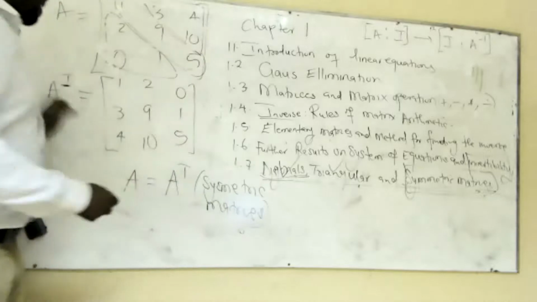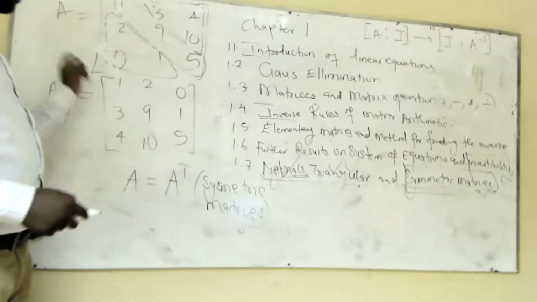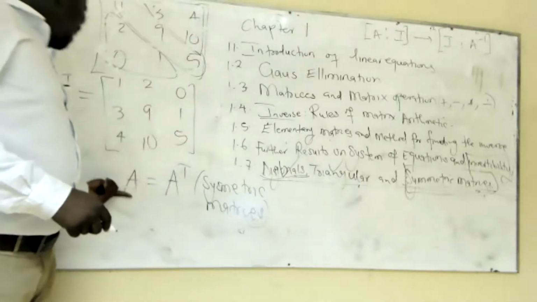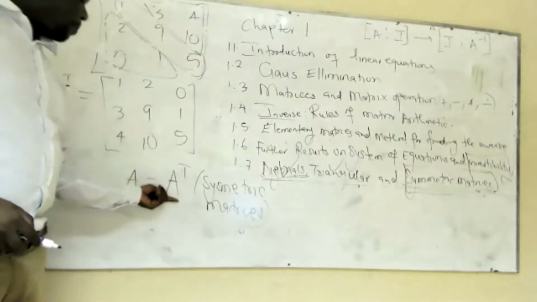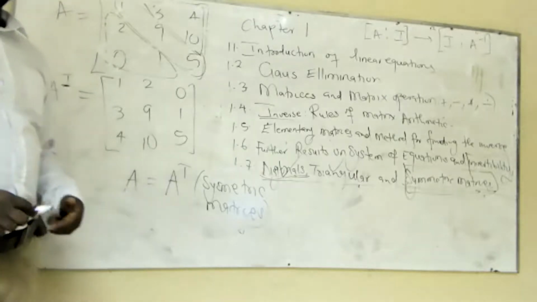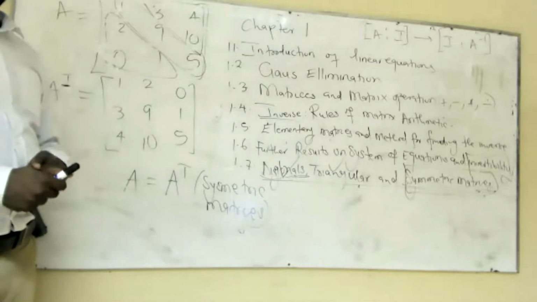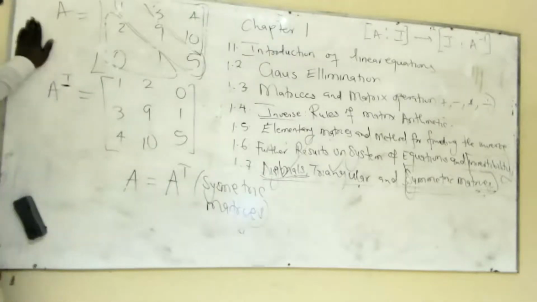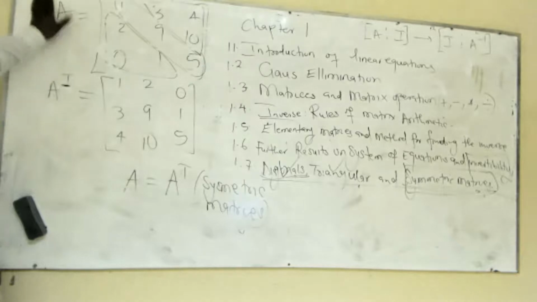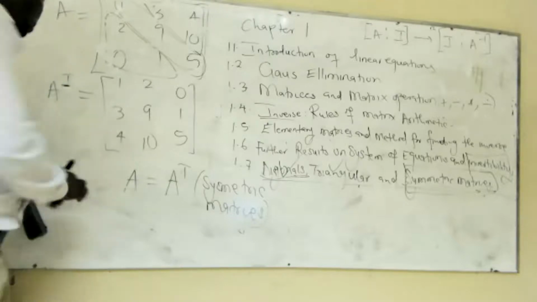Now tell me, is this matrix A symmetric or not? It's not symmetric because they are not equal. Very true.